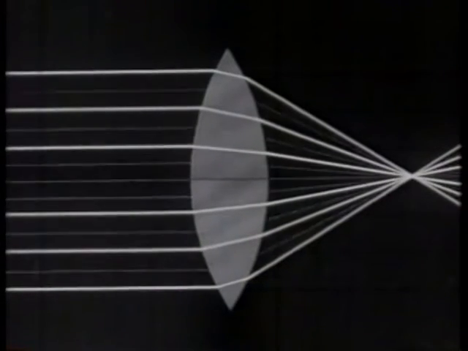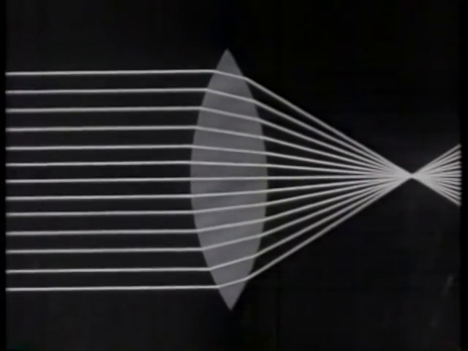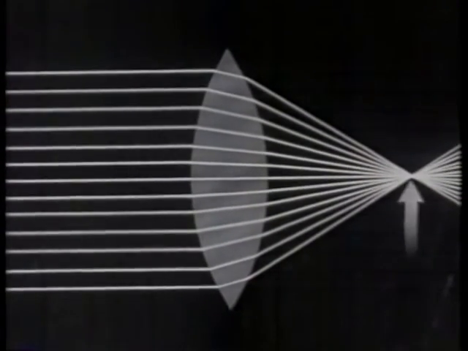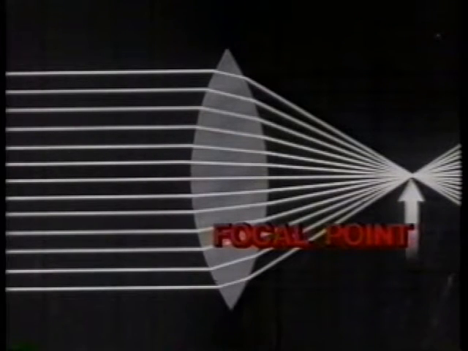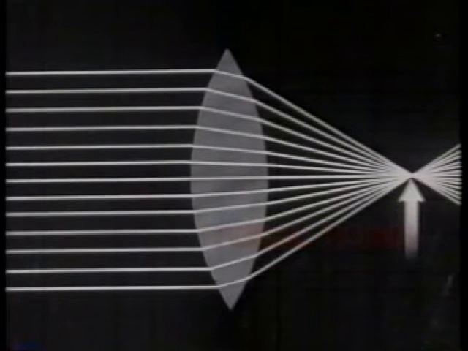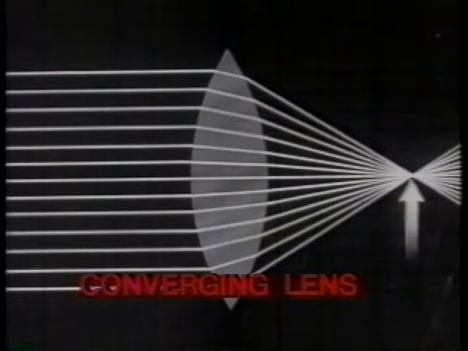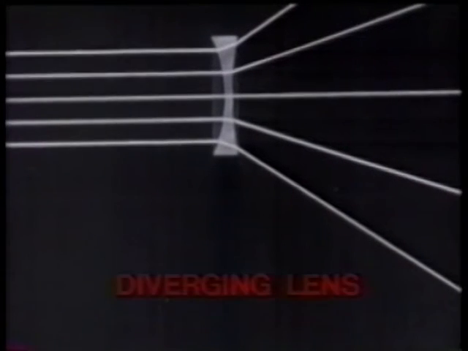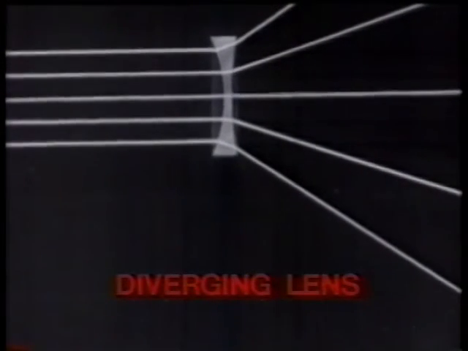It's still called a focal point. Lenses that direct rays to a point are called converging lenses. Lenses that spread light rays out are called diverging lenses.